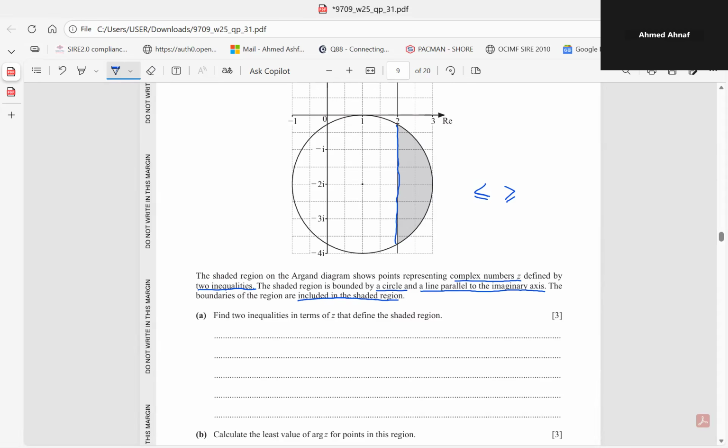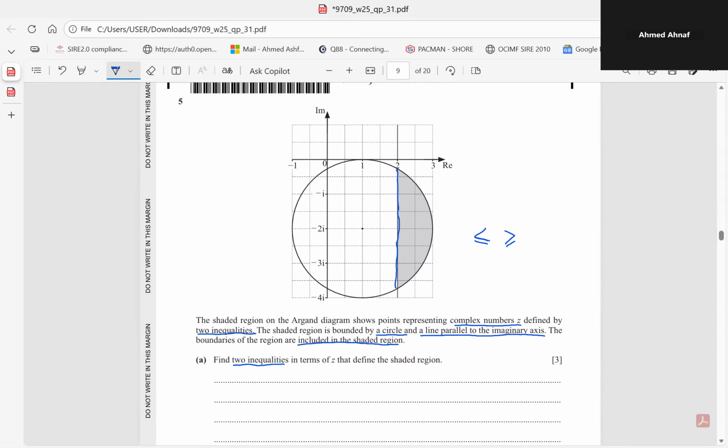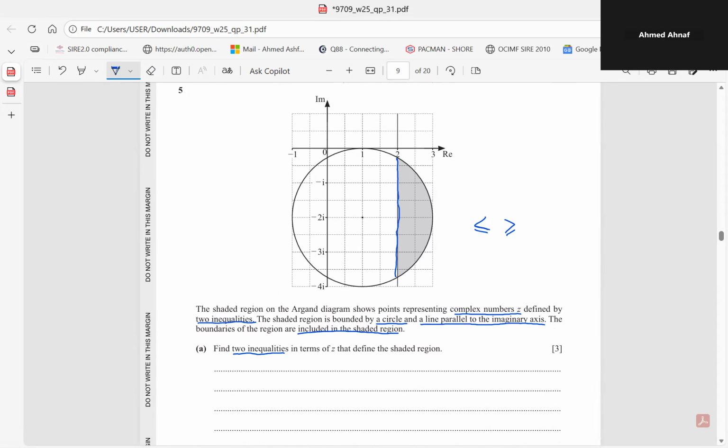Okay, so we need to find the two inequalities in terms of z that define the region. The first part is like working backwards. You have to think backwards for this question.